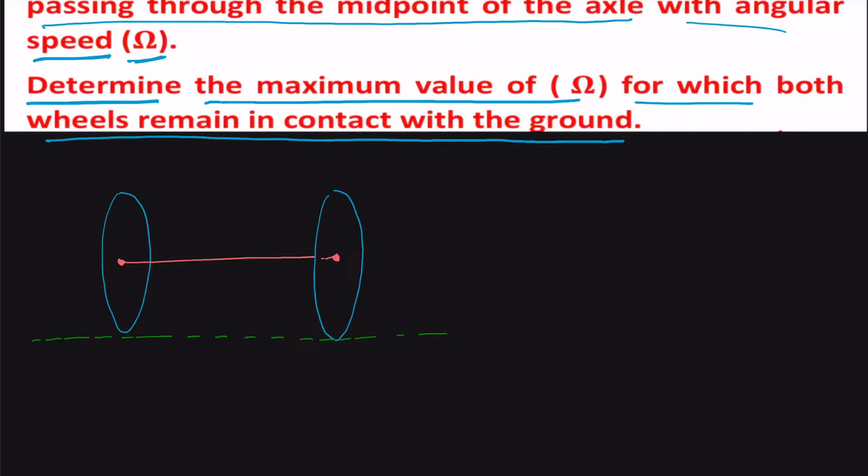It is given that they are rotating with their axis passing through the center with the angular velocity of omega, and along with that they are also rotating about an axis which passes through the center of the axle with the velocity of capital Omega, and the total length of this axle is L.